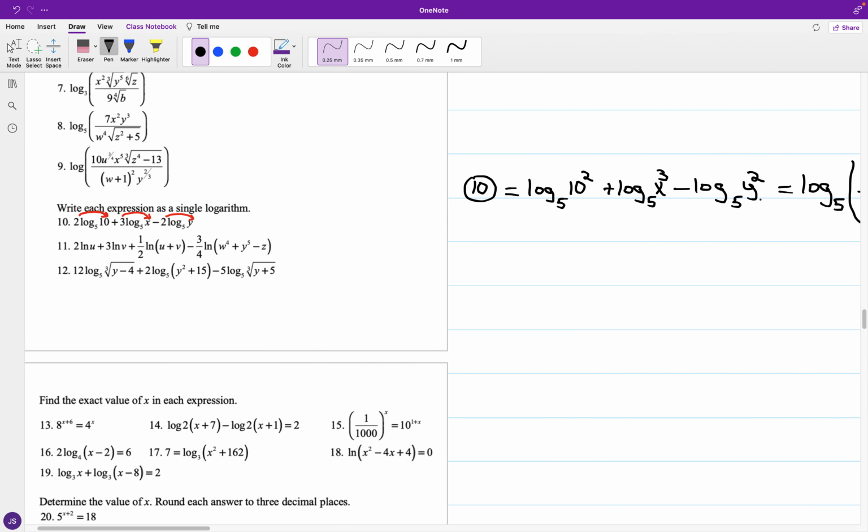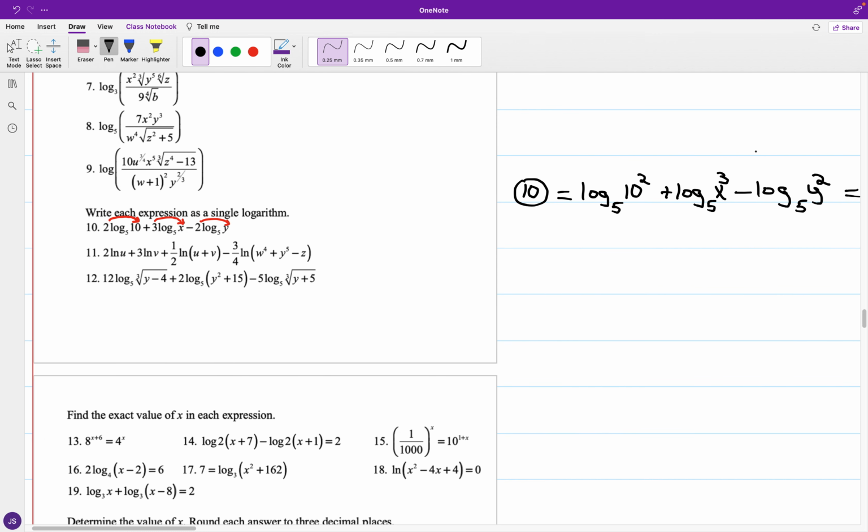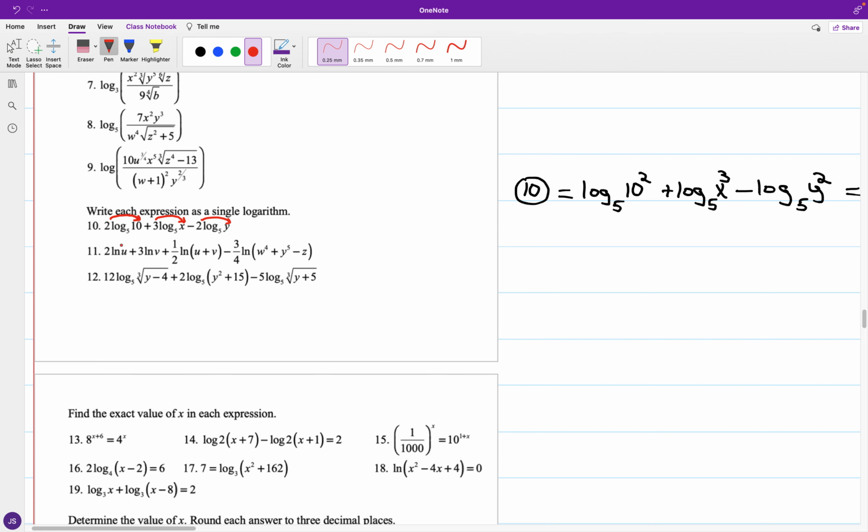Now, for what we have in the case of 11, we're looking at writing as a single logarithm. Again, we have exponents that we can originate from the coefficients.